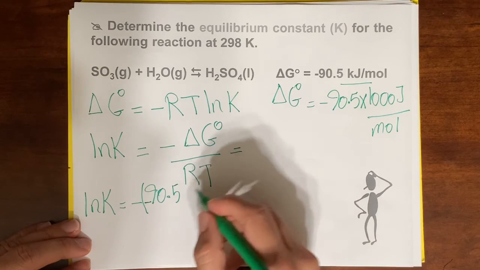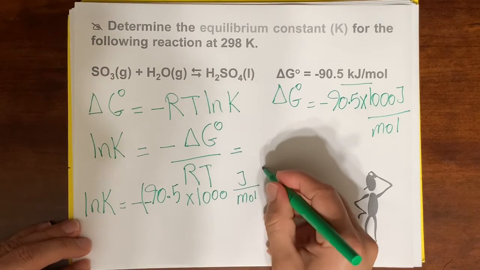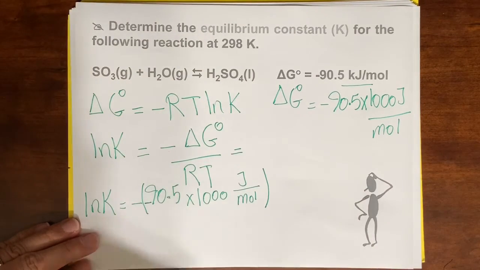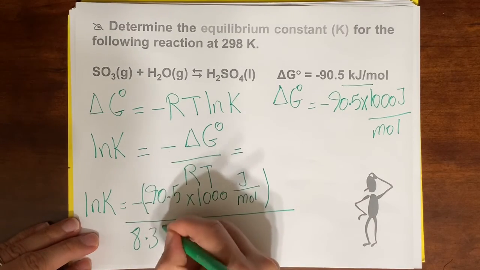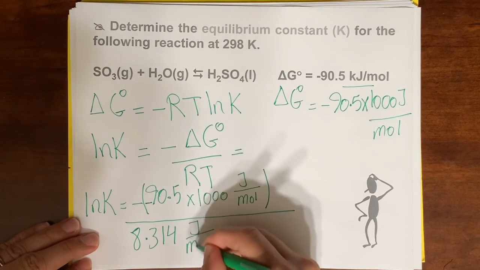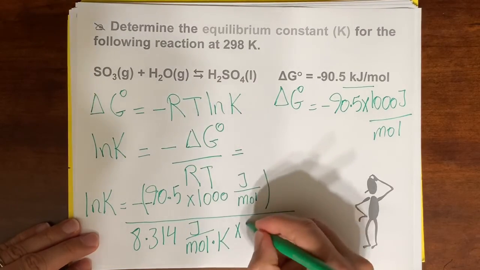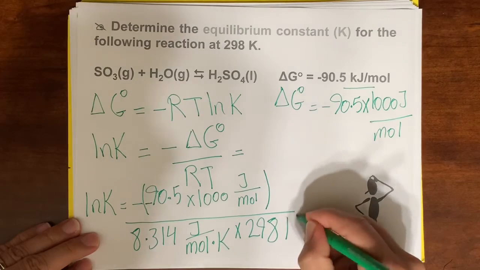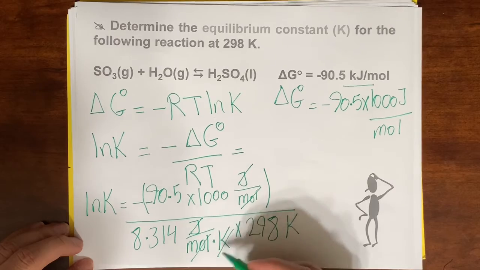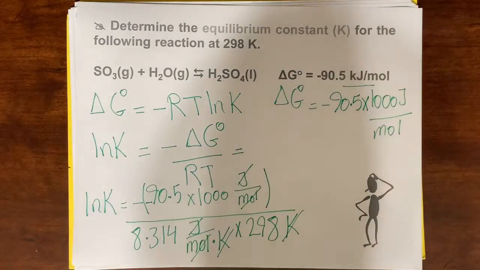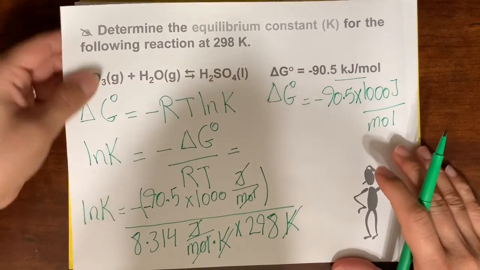This is 90.5 multiplied by 1,000 joule over mole, divided by R, 8.314 joule over mole Kelvin, multiplied by temperature in Kelvin, which is 298 Kelvin. You cross joule by joule, mole by mole, Kelvin by Kelvin. You will not have any unit, and we know K does not have any unit. So we are on the right track.